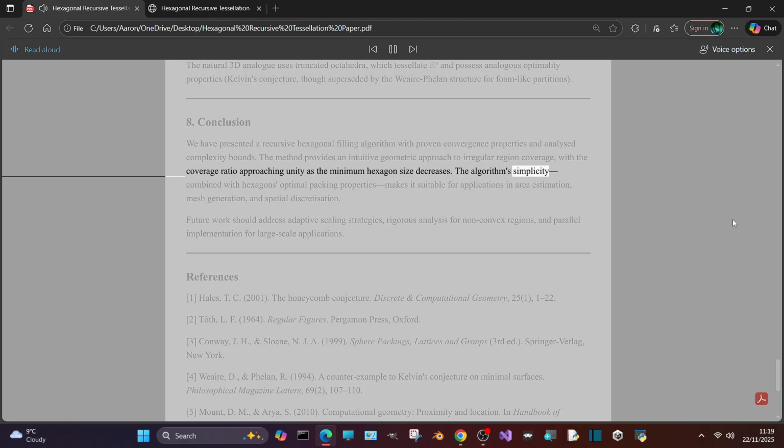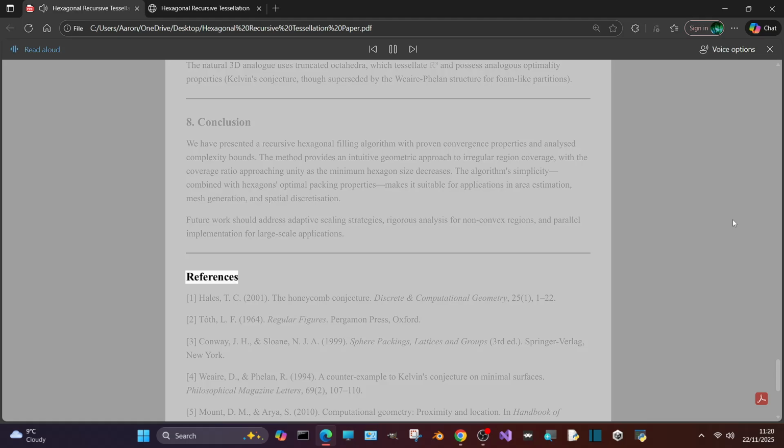The algorithm's simplicity, combined with hexagons' optimal packing properties, makes it suitable for applications in area estimation, mesh generation, and spatial discretization. Future work should address adaptive scaling strategies, rigorous analysis for non-convex regions, and parallel implementation for large-scale applications.